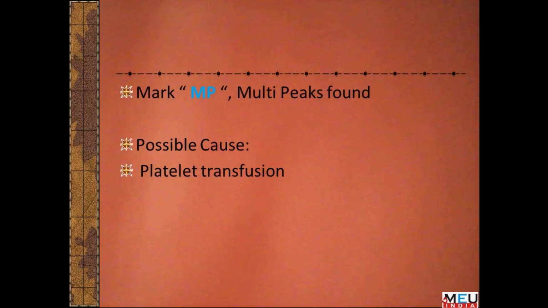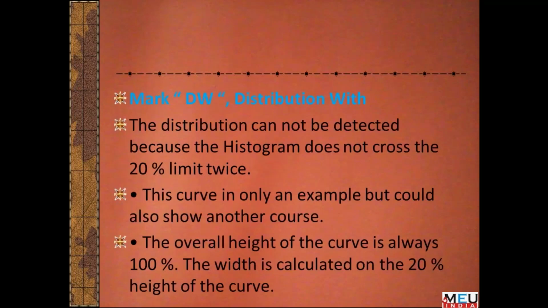Multiple peaks in platelet curves could be because of platelet transfusions, and if the distribution width is more than 20%, the histogram becomes very abnormal and a lot of disturbances are seen.